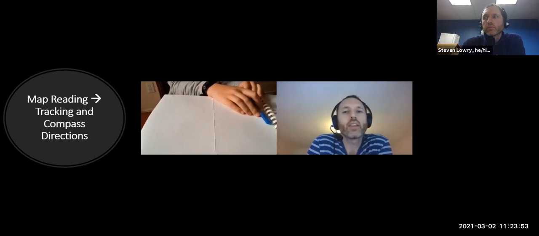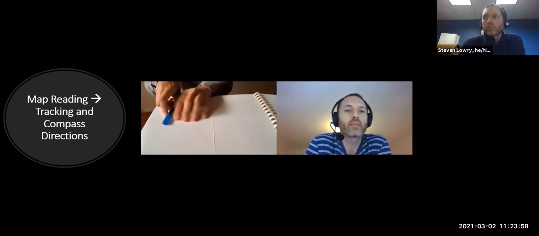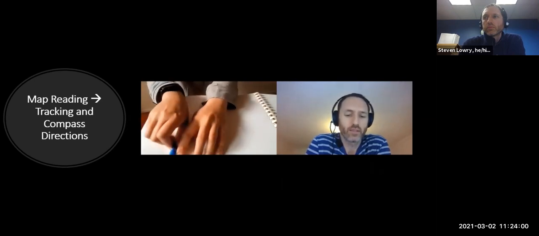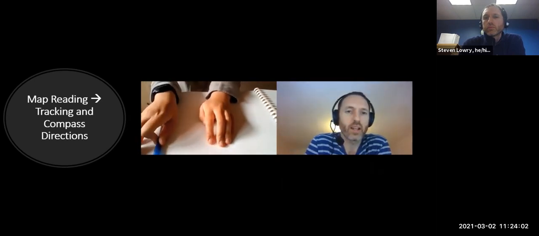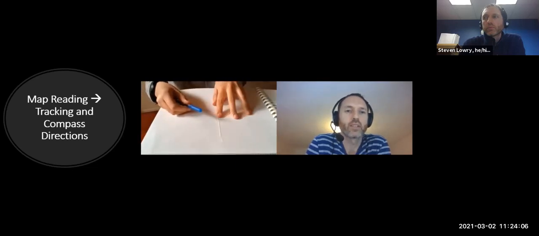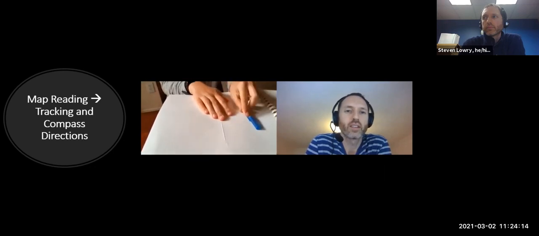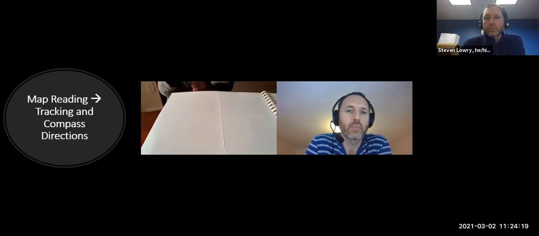Put your pen in the northeast block on this map. Very good. Top right. How about southeast? And northwest? That was perfect, Sophia.